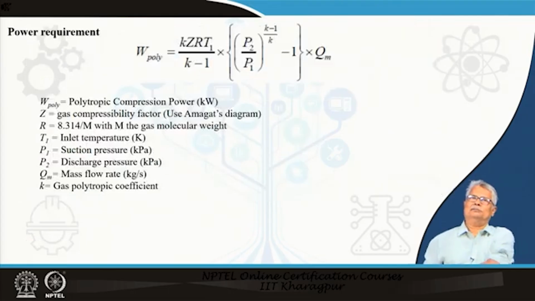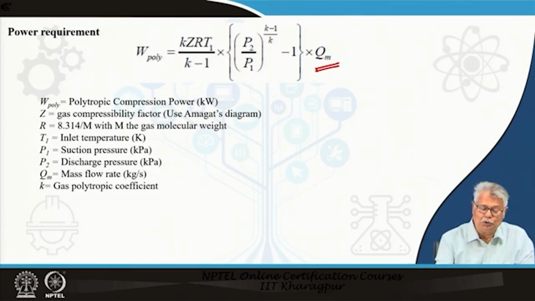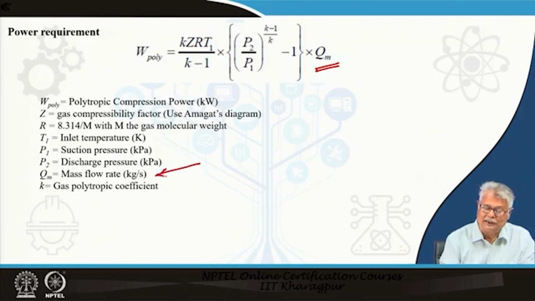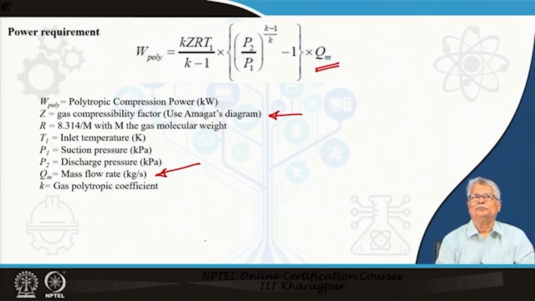The power requirement is again given by a direct formula, and here note one thing, your QM is a mass flow rate, and we have provided you exactly this formula which may be directly used. The only thing you have to be careful about is knowing the gas compressibility factor. How do you find the gas compressibility factor?